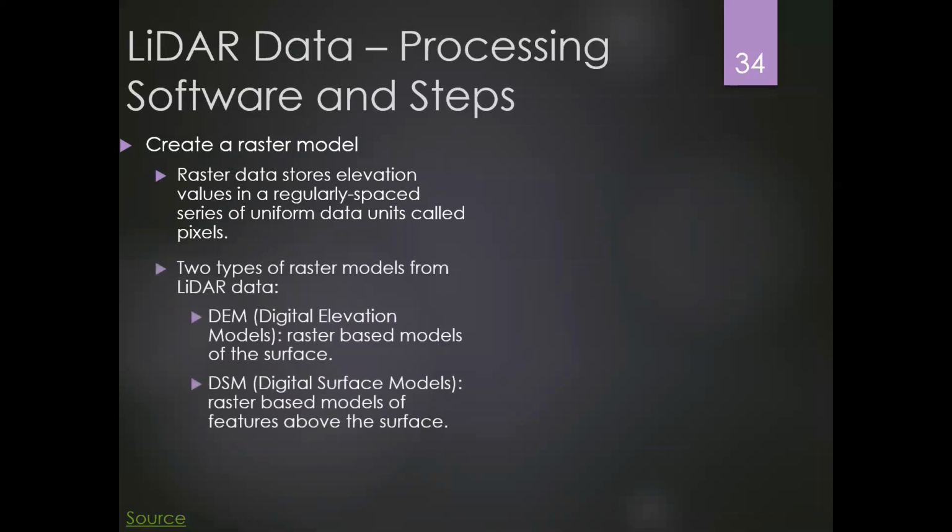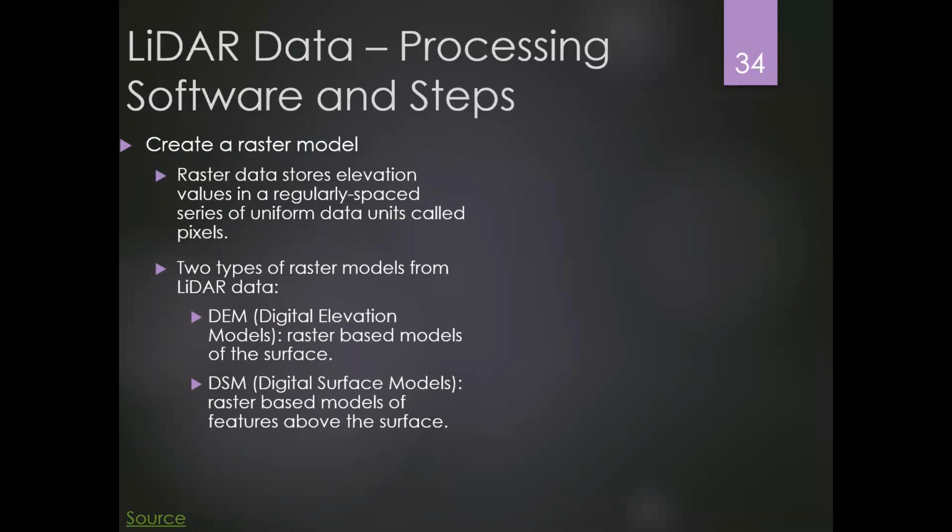But before that, let me introduce two types of raster models, DEM and DSM. DEM is the digital elevation model, a raster-based model of the surface of the Earth. The DSM, digital surface model, is the raster-based model of features above the surface.